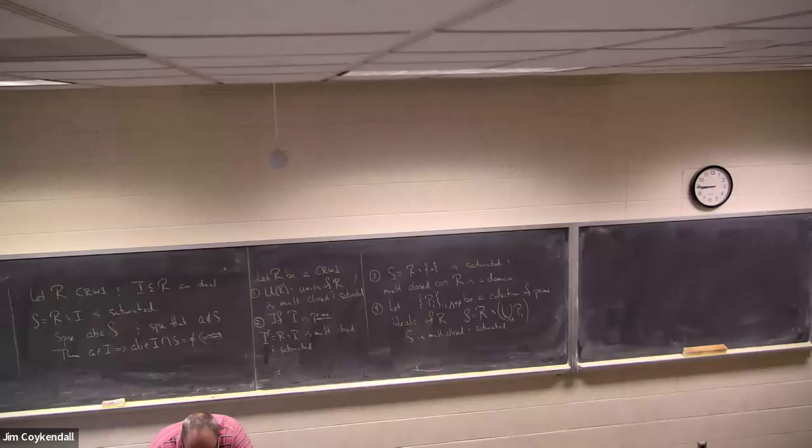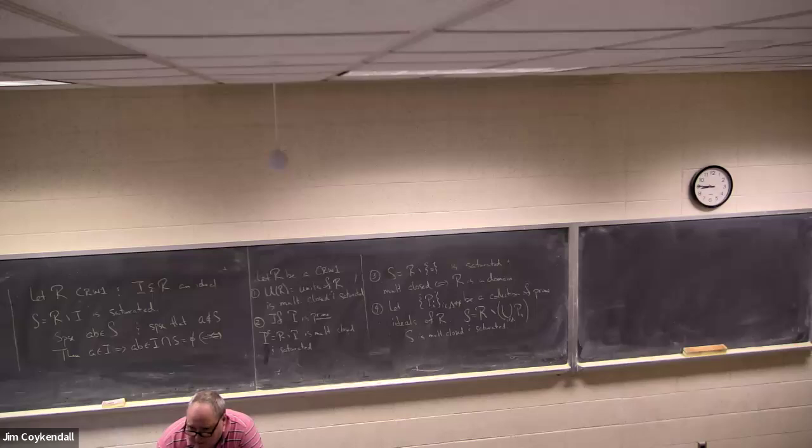Can you say anything just off the cuff about R minus all the, like, if you remove all the nilpotents? If you remove the nilpotents. Yeah. So what you're doing is you're removing now the intersection of all the primes. So you're going to take R and remove all the nilpotents, taking out everything that's in every prime.